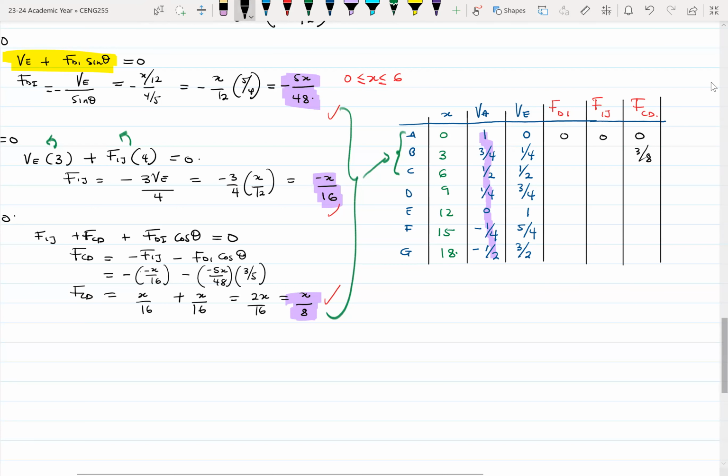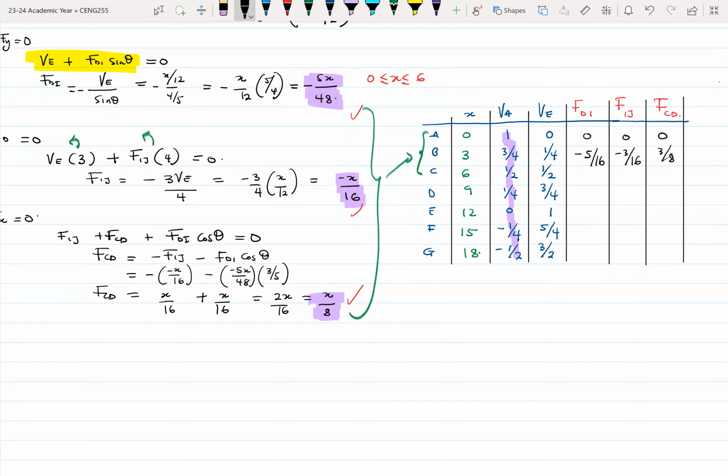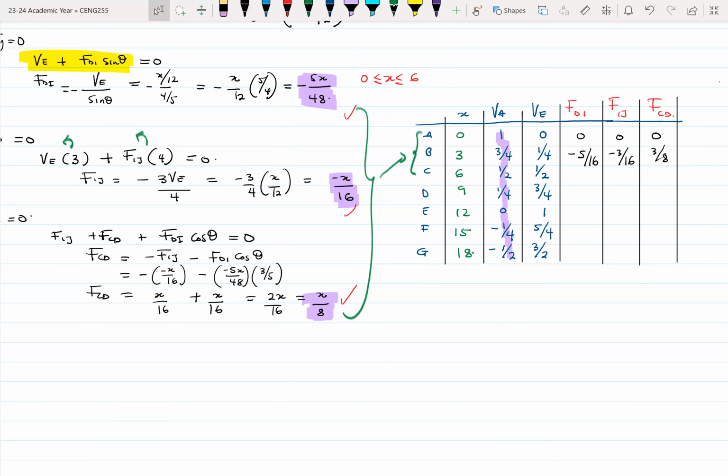Then for FIJ it is minus 3/16. Then for FDI it becomes minus 5/16. Then at 6 meters, we get 6/8, and 6/8 is the same as 3/4.